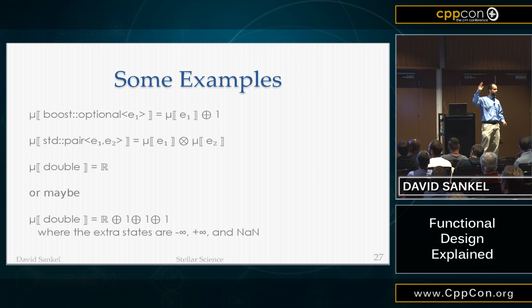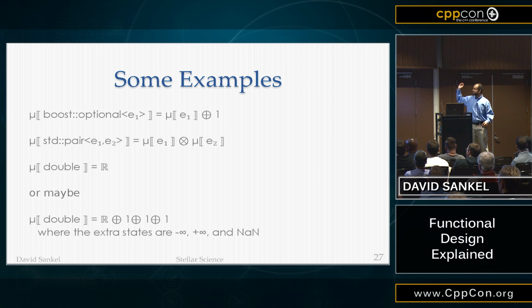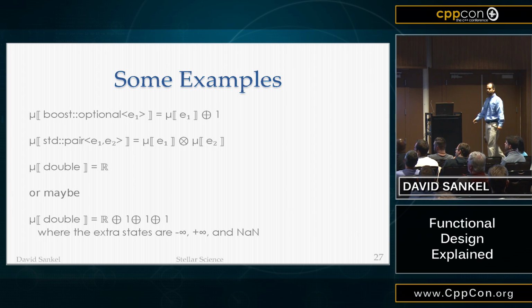You know how many different values of none there are? There's just one, confusingly enough. So it can either be the none type or it can be an int. So that gives us the meaning in mathematical form of boost optional. And you'll see that when you take these really useful things that are in the C++ language and you try to figure out their meaning, you end up with very simple things. And that's what we're trying to go for. Remember, getting that simple essence of something.